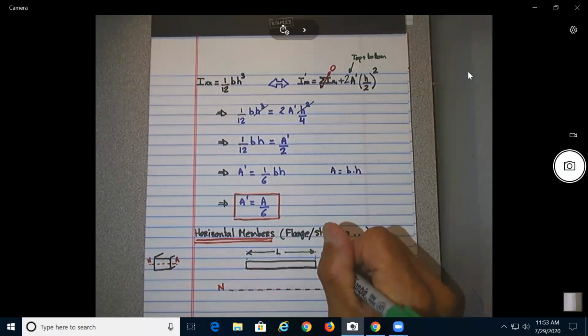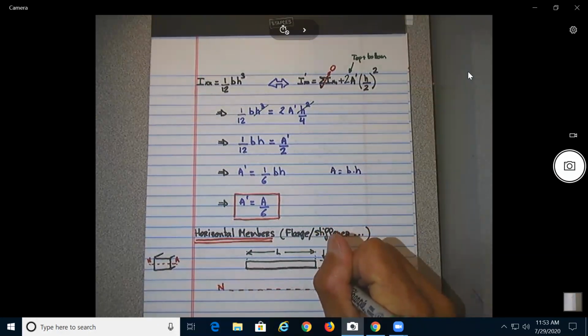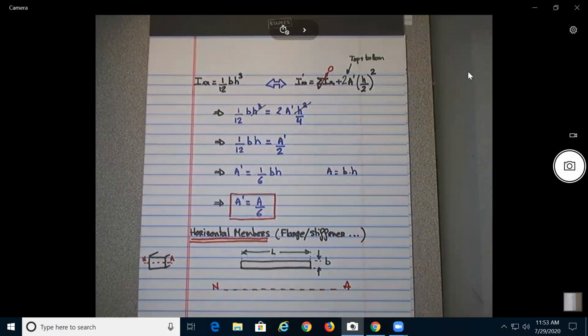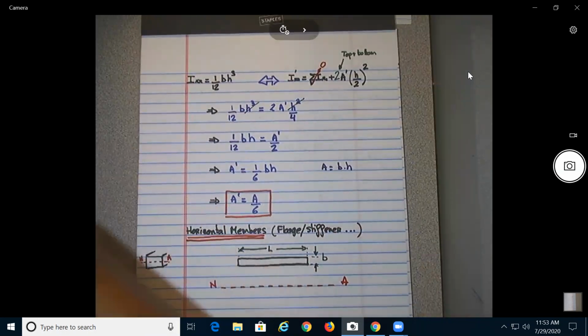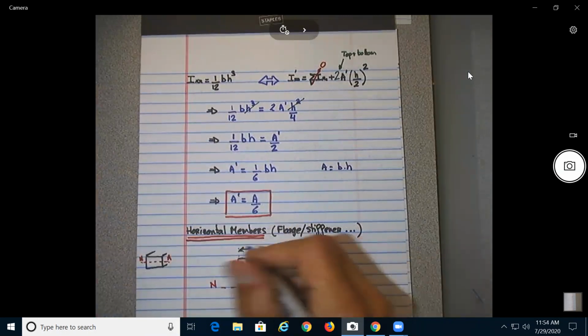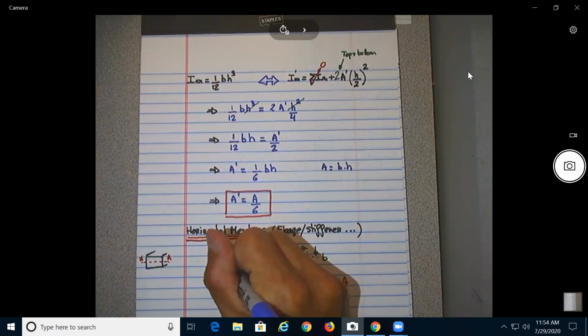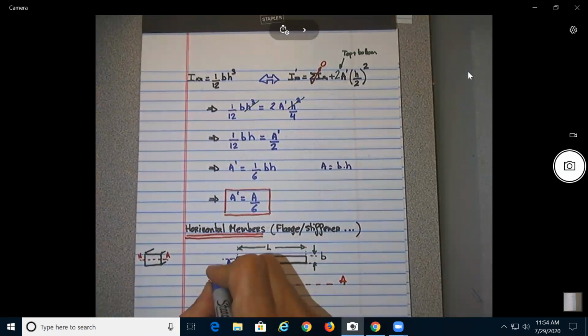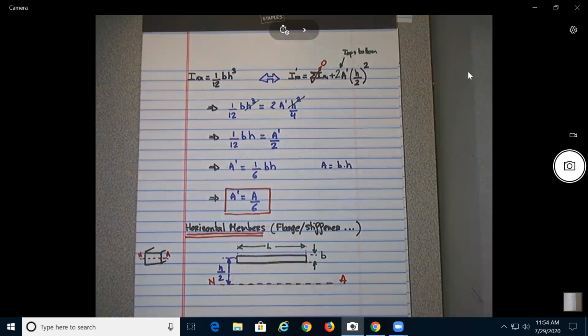We can call this B as well, and that one we can call D. All right. And let's say the total depth, to use the same notation as the other one, this will be H over 2. Do you understand the figure? Because that's the important part, okay?